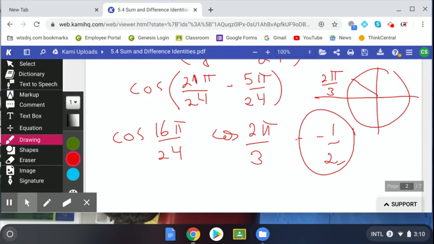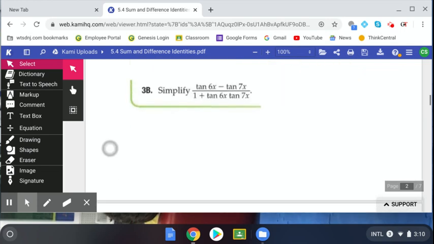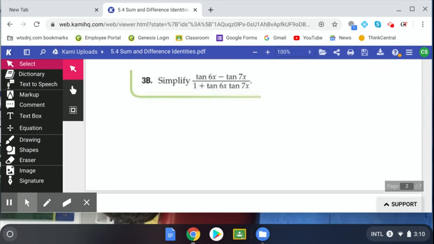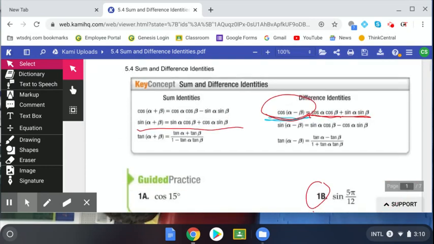All right. We are going on to 3b. So it says simplify tangent 6x minus tangent 7x over 1 plus tangent 6x tangent 7x. So what I'm going to do is refer back to the top and see what identity we're talking about.